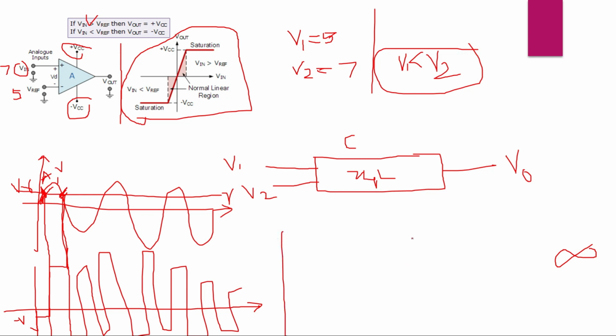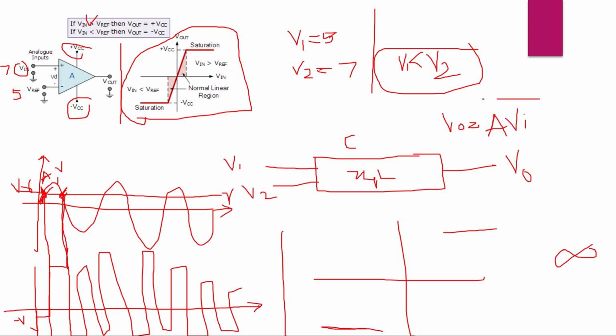Suppose we think about the practical case. In practice, once it reaches the limit, you get plus VCC. What is the value then? V naught is equal to A into Vi.